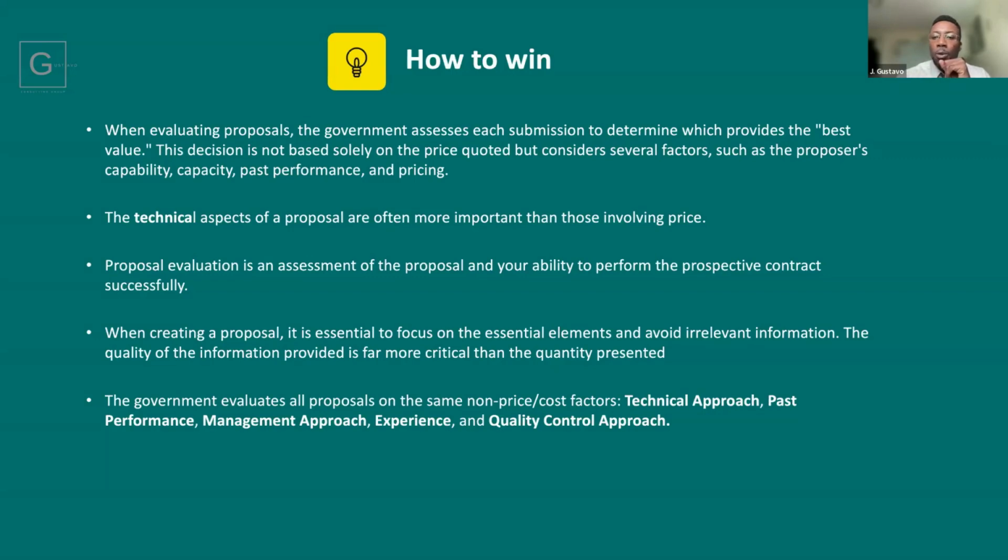So ideally, one thing you want to make sure you have is people who can meet these objectives and whatever needs you have, right? Moving down. Proposal evaluation is an assessment of the proposal and your ability to perform the prospective contract. So you want to keep that in mind.